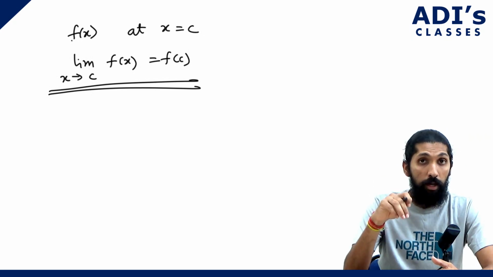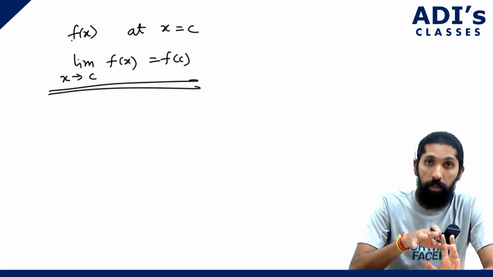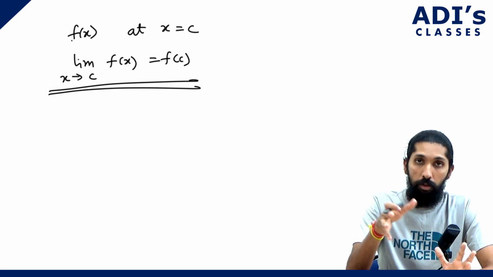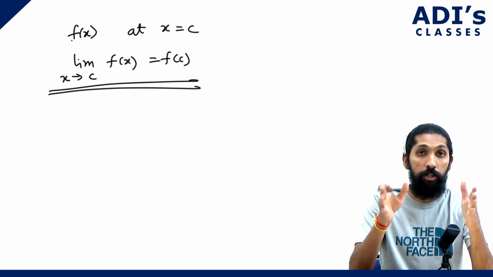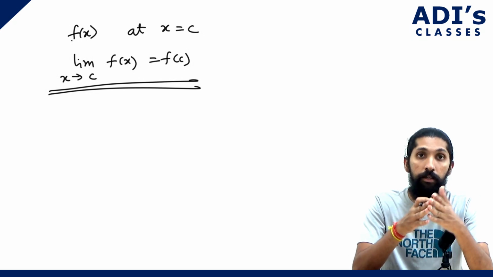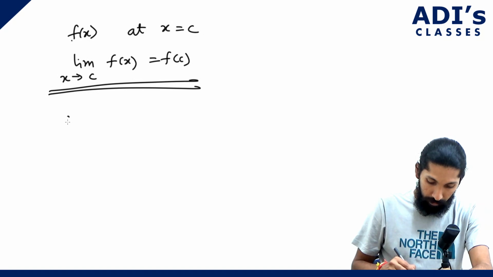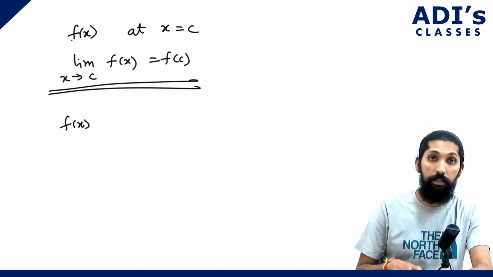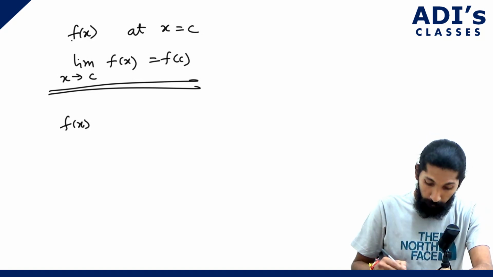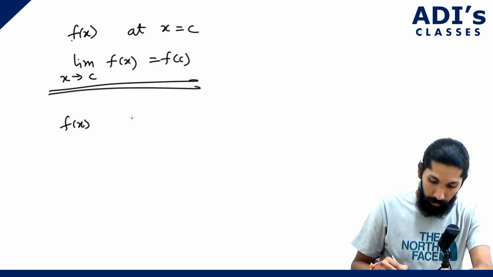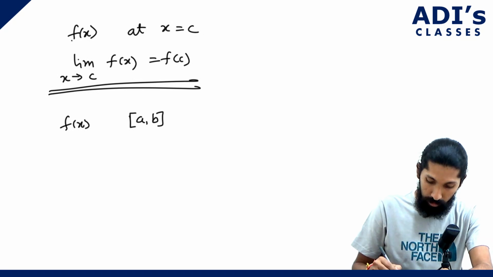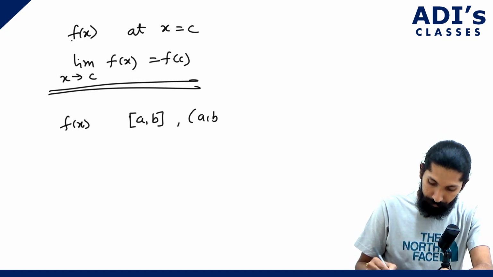Now we can also have a function being continuous for a range of values. So we say the function is continuous in this particular range. In such cases also we say that f of x is continuous in the range from a to b. Now it can be an open bracket or a closed bracket, either this one or this one.